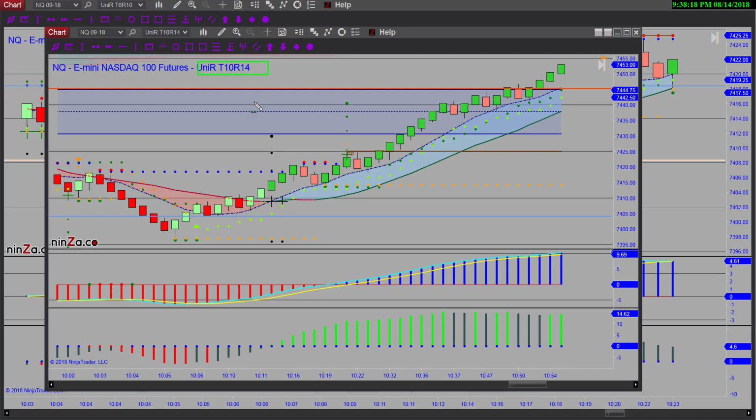It will get me in sooner, and I use a combination thereof, but I need to make sure that I give the stock or the future enough room to wiggle. Now the problem that we've got is that over here when we had this signal, the stop risk was 42 ticks away.